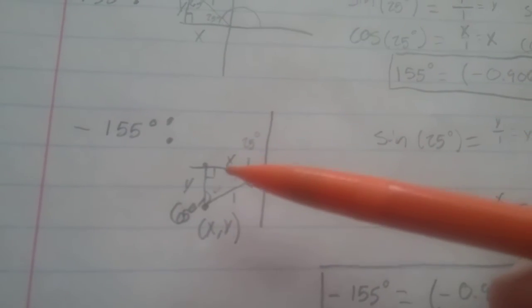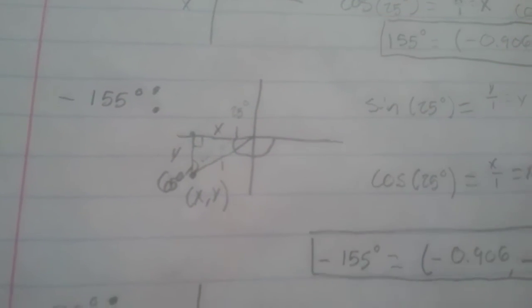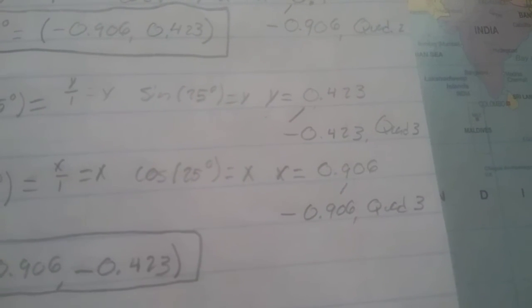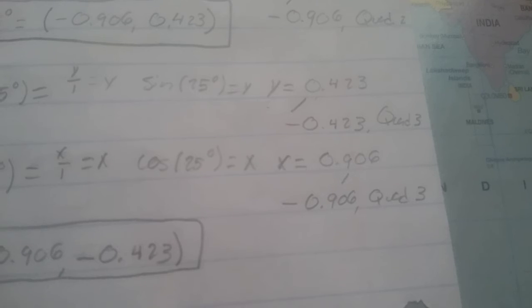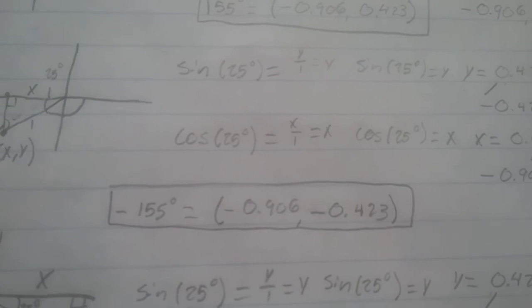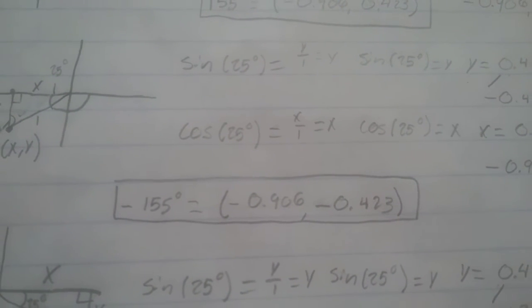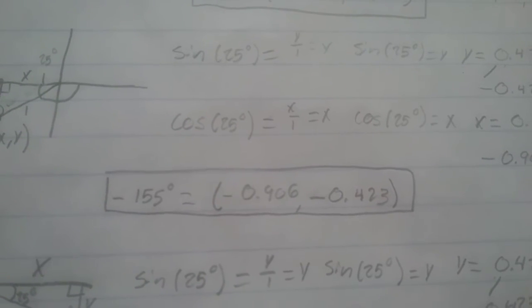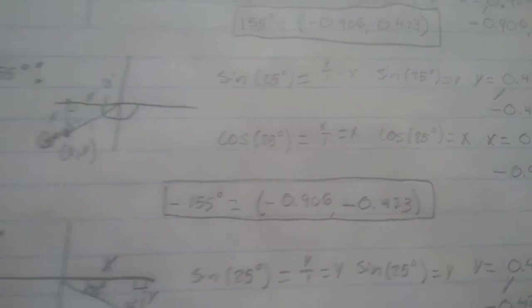It's just going to be the adjacent, which is x over 1. So x over 1 is just equal to x. So x is going to be equal to 0.906. And again, this is negative because it is in quadrant 3. So for negative 155 degrees, the coordinate points are negative 0.906 and negative 0.423.